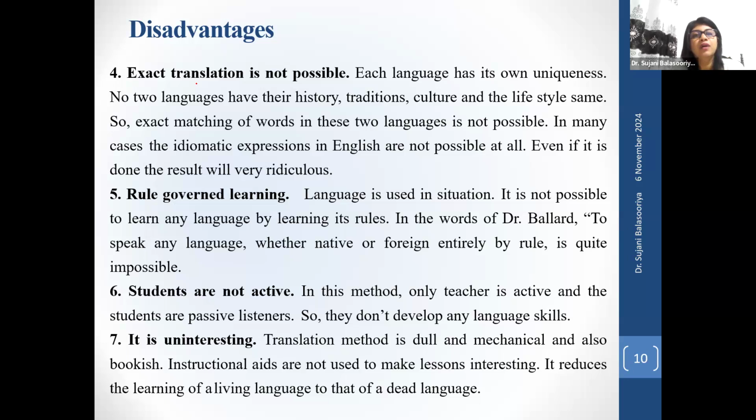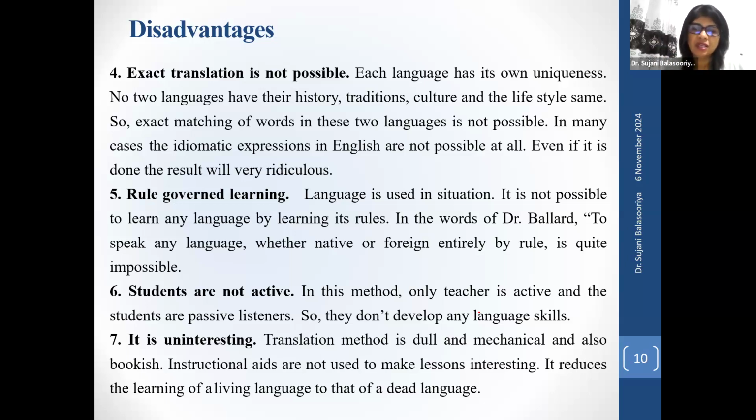And another one: students are not active, right? Students are not active because only the teacher is active. The teacher is teaching, delivering the grammar patterns, and students are just listening. They don't have any chance to think critically. They are just passively listening. You know very well, when passive learning takes place, there is no critical thinking, right? The developing of language skills will not happen.